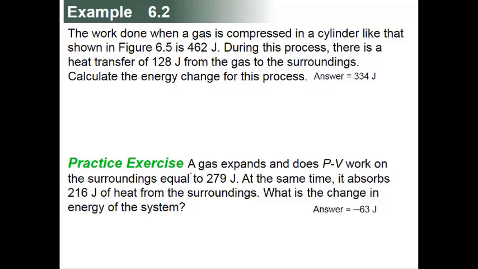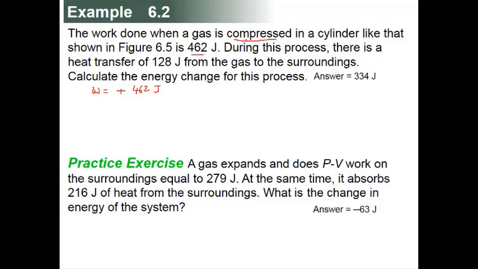we'll solve this problem. Here it says the work done when the gas is compressed. So somebody is doing the work from the outside. Compress means the gas is pressed by some outside force. So we say work is equal to plus 462 joule.